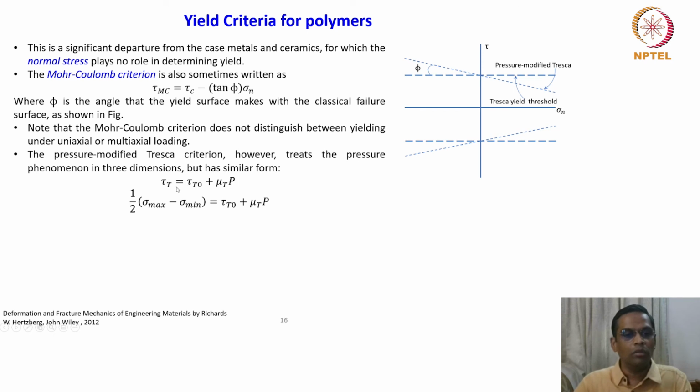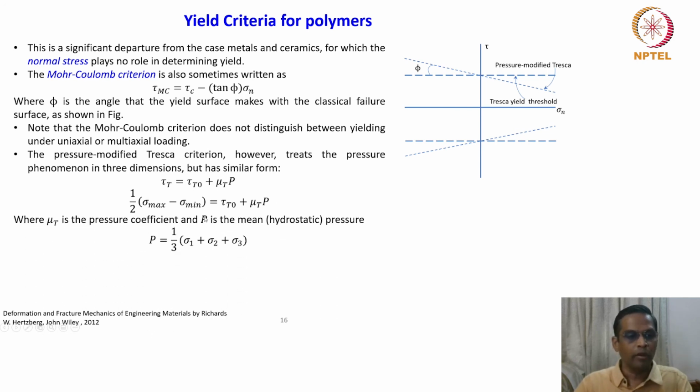So tau t is equal to tau t naught plus mu t times p, which is also written as half times sigma max minus sigma min is equal to tau t naught plus mu t times p, where mu t is the pressure coefficient and p is the mean hydrostatic pressure. That is, p is equal to 1 by 3 times sigma 1 plus sigma 2 plus sigma 3, so that p is positive for hydrostatic compression.